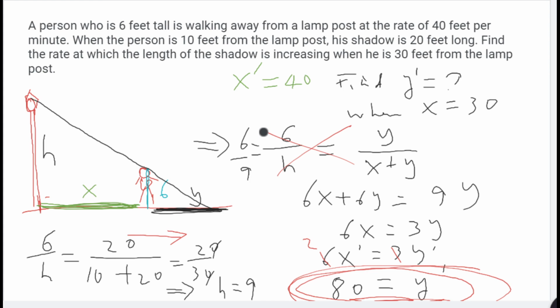So y is increasing at the rate of 80 feet per minute. And you can think about the situation when the guy is walking away from the lamppost, his shadow is getting longer and longer. All right. But anyway, this is again how we follow the steps to try to find a certain unknown rate.